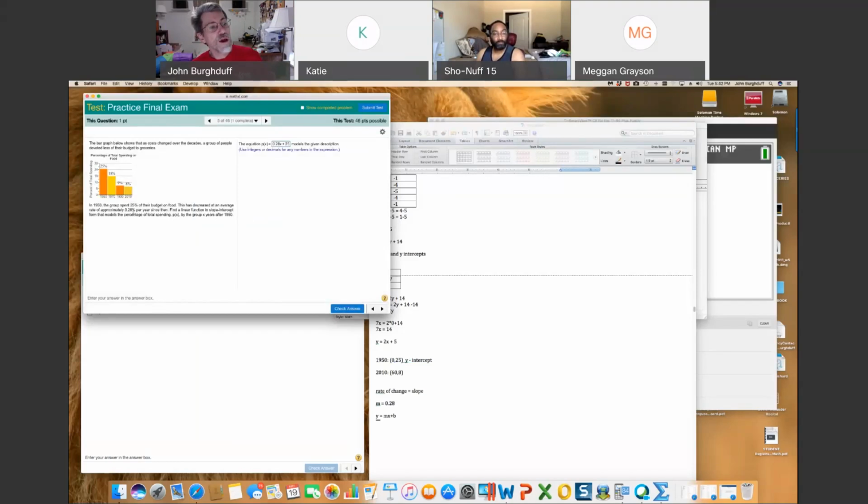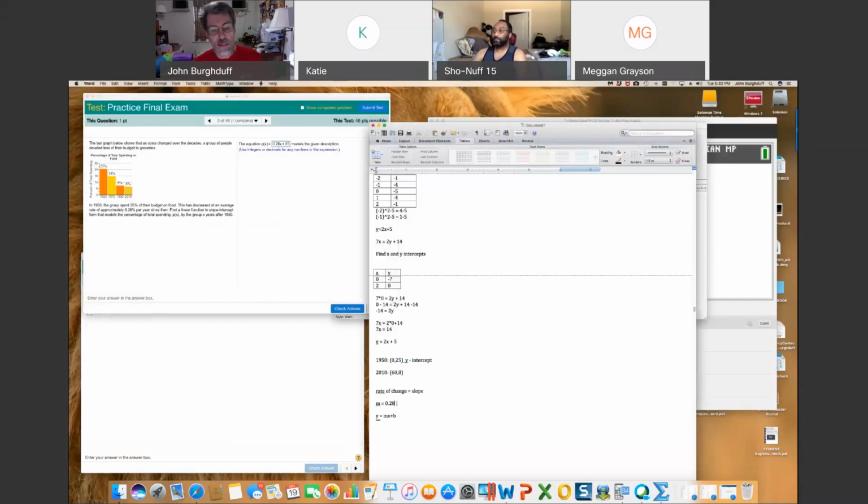0.25, 0.28. Oh, maybe they wanted everything not as percentages, but converted to decimals. So let's look at that. 0.28%. If I made that into a decimal, you have to slide the decimal 2 places to the left.